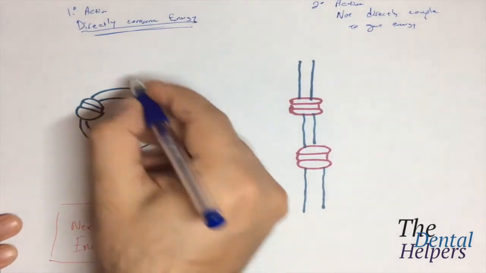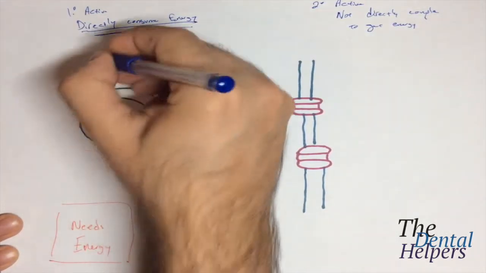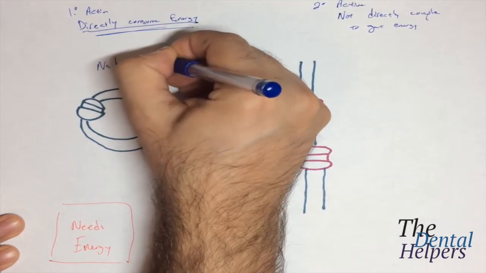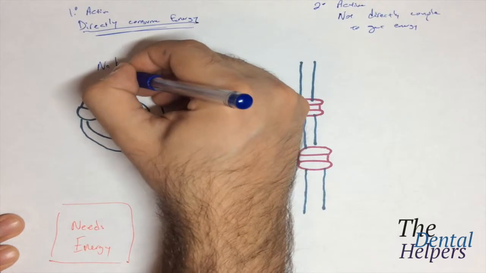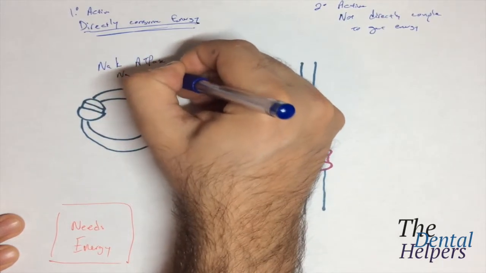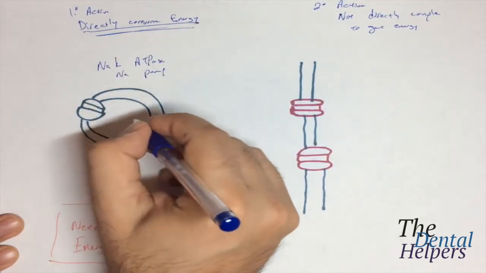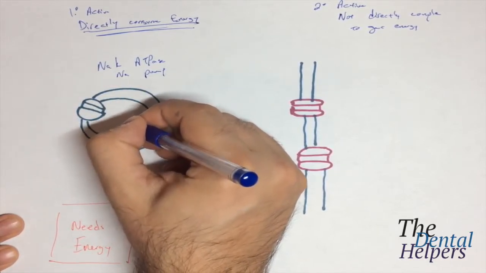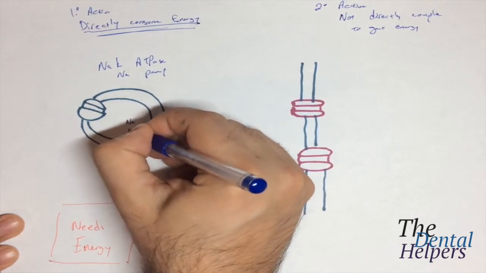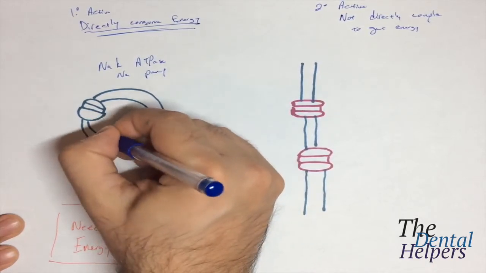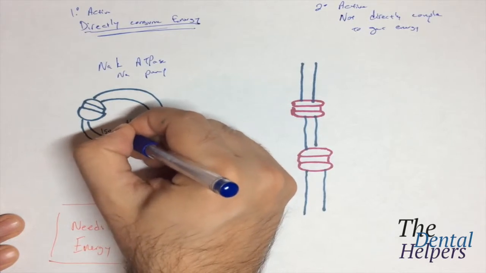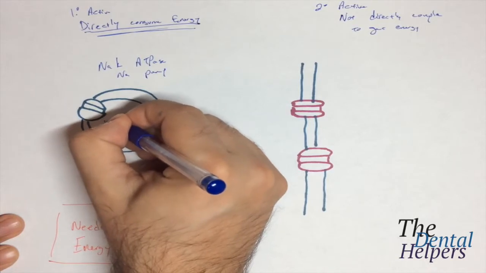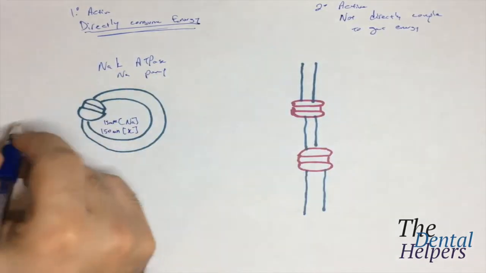So an example of primary active transport is the sodium-potassium ATPase, or the sodium pump. And the way this is basically going to work is, remember how we said we have sodium on the inside, we have potassium on the inside, and the difference is we're looking at 150 millimolars of potassium here, while we have 15 millimolars of sodium on this side.